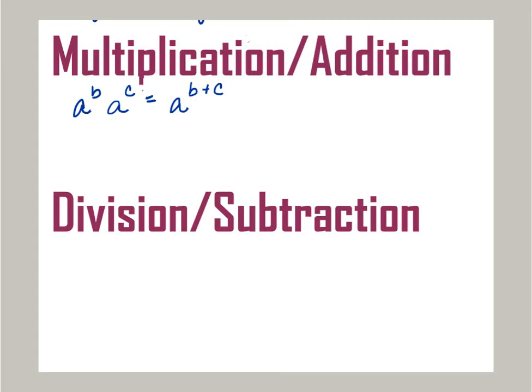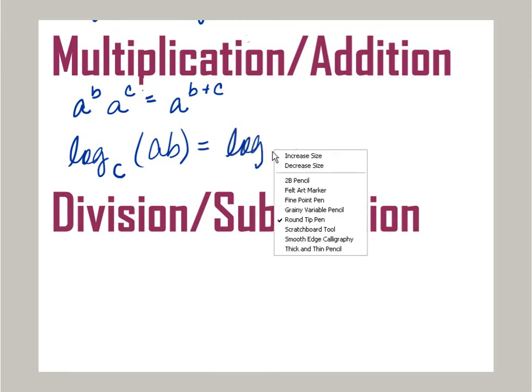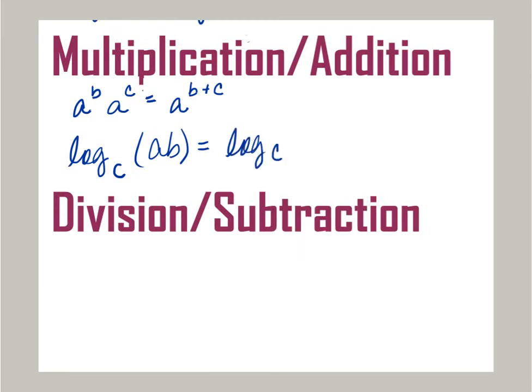We can link that to the logarithmic rule that goes like this. The log base c of a times b is the same thing as log base c of a plus log base c of b.